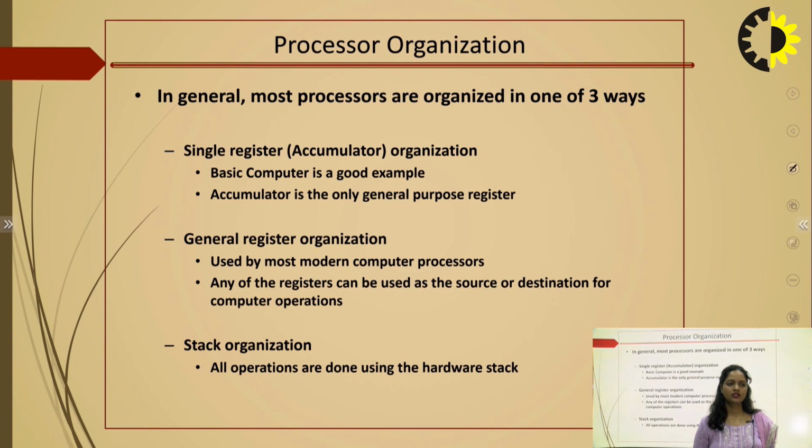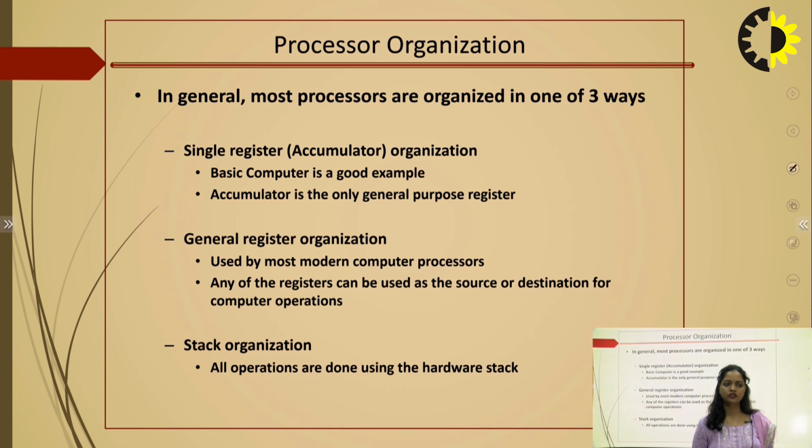The second organization scheme is the General Register Organization Scheme. This organization scheme includes various general purpose registers. They act as source registers as well as destination registers. And the example of such organization scheme is the modern computers.